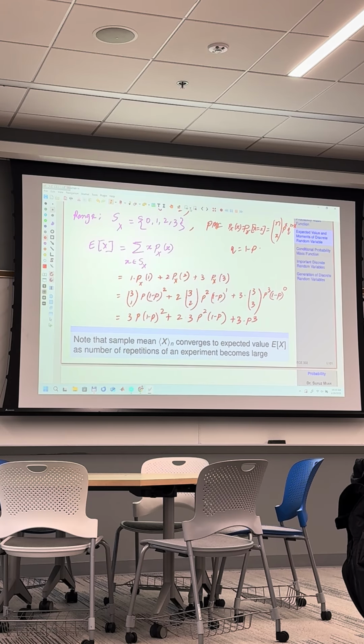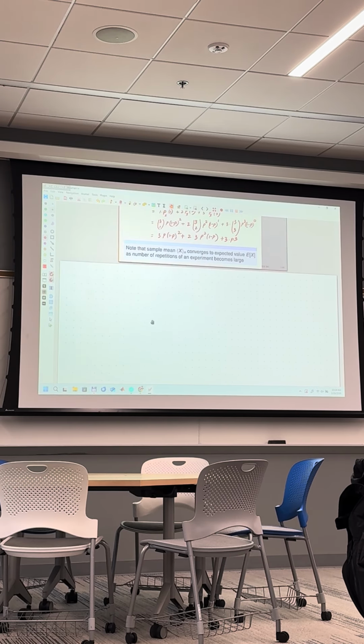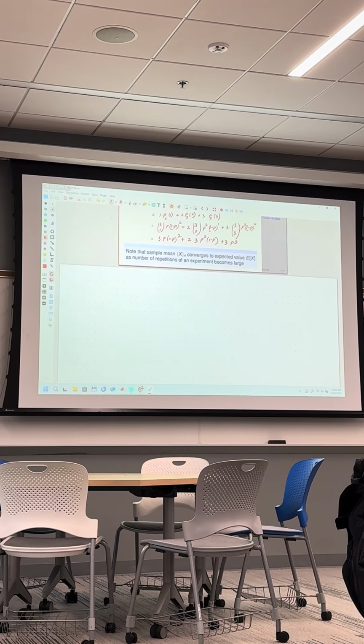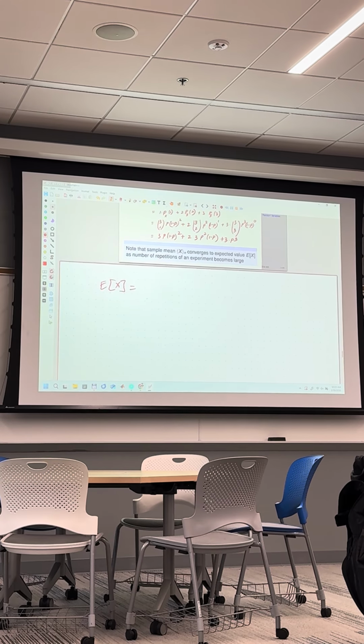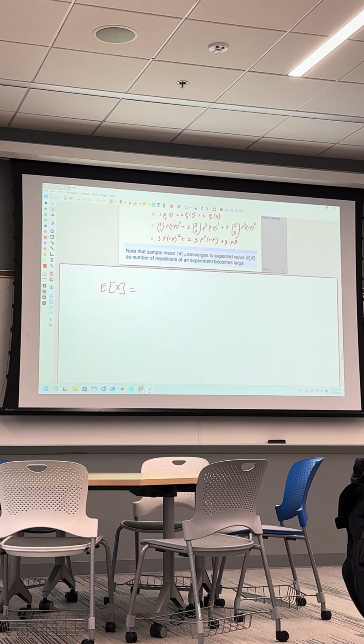I am going to just move on to the next page. So I'm finding the expectation of random variable x, which is 3p. You have 3p everywhere, so you factor out 3p.